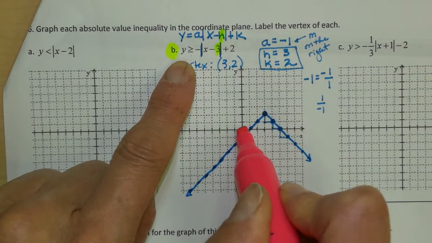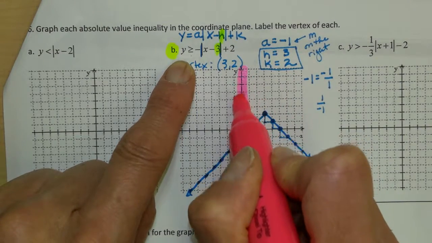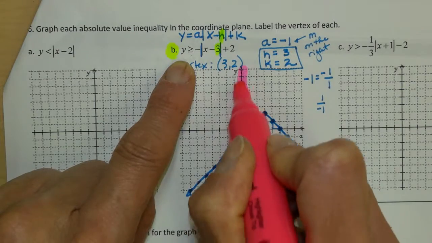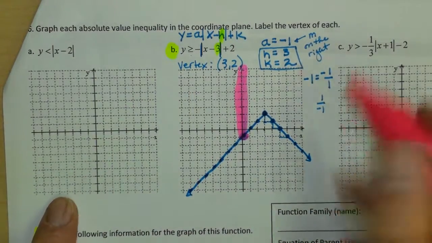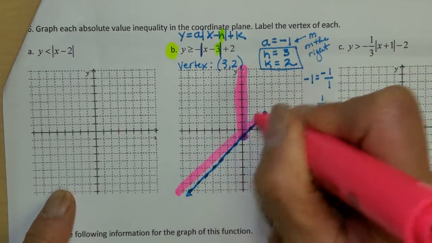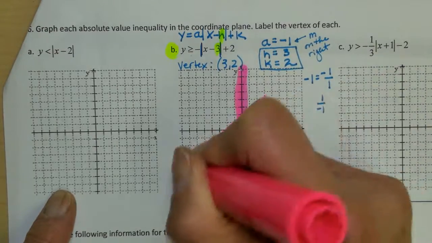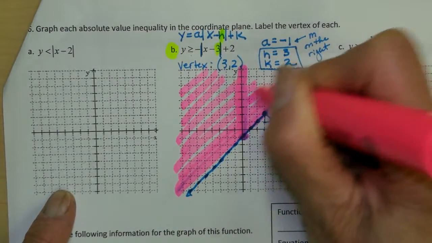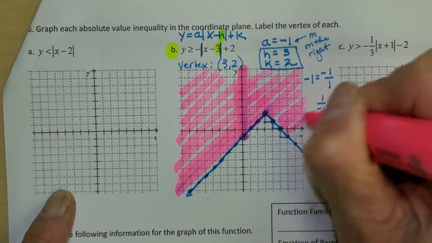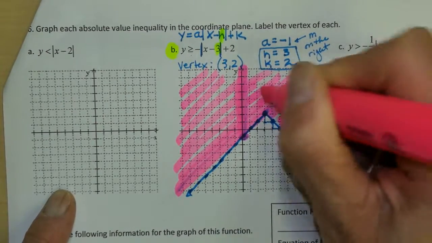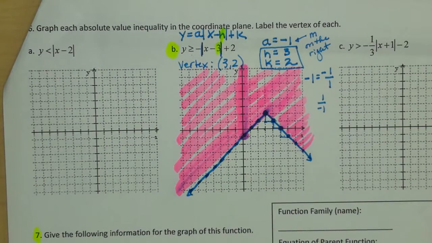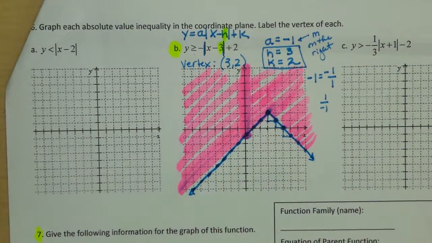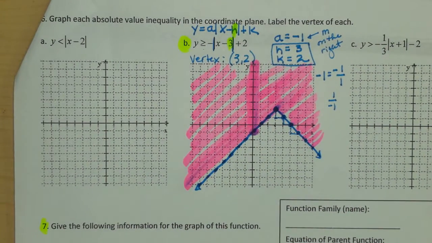Well, y gets bigger as I go up my y-axis. So that means then that I know that everything here gets shaded. Everything on the top side gets shaded. So any point value in here is a possible answer.